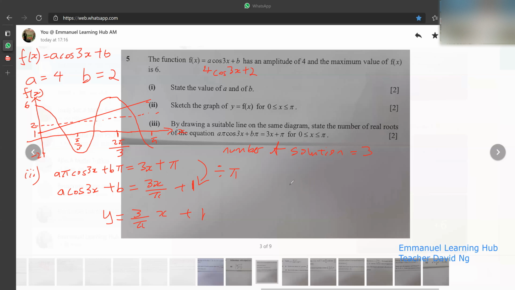Do you understand? The main thing is the algebra manipulation here. You need to manipulate the whole equation until you see this expression appear. Once it appears, you let y be this, because in this graph your y or f(x) is this.